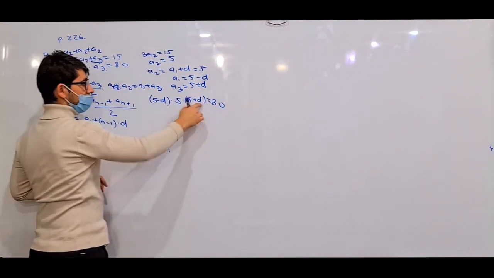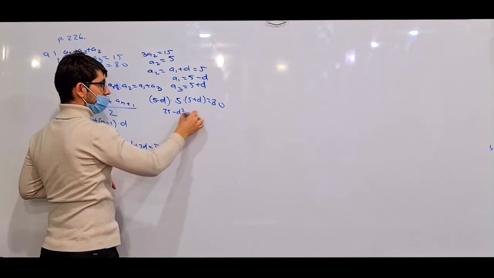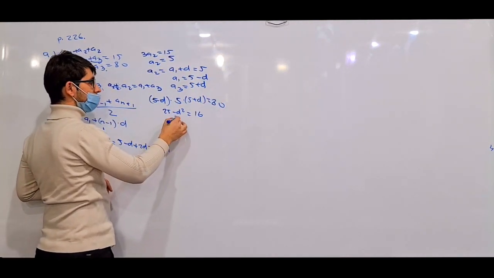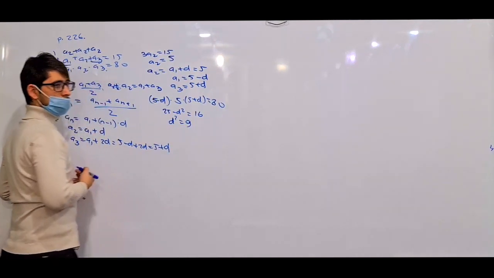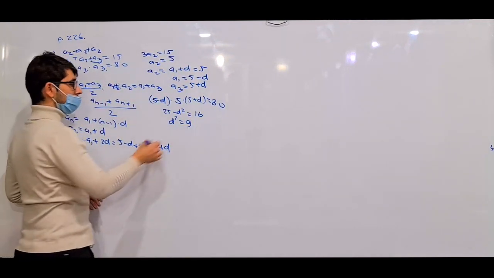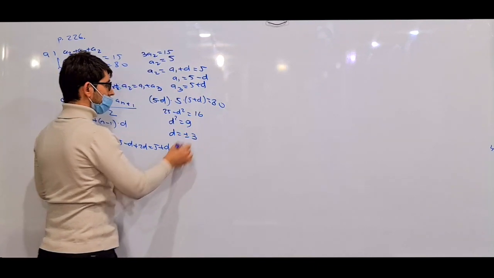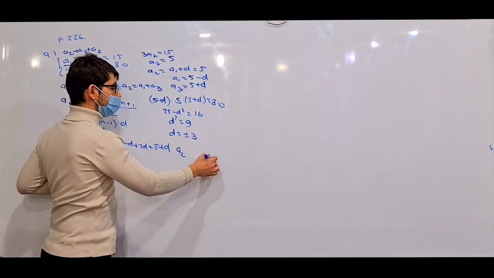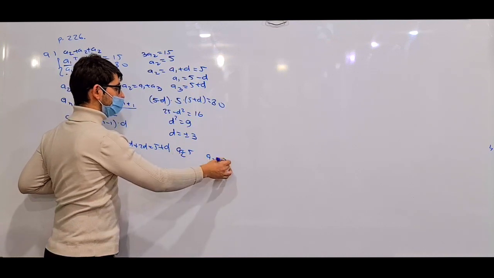(5 minus difference)(5 plus difference) gives 25 minus difference squared, equals 80 divided by 5, which is 16. 25 minus 16, difference squared is 9. Difference equals plus or minus 3. So you have 2 options. For both of them, the second term is 5.